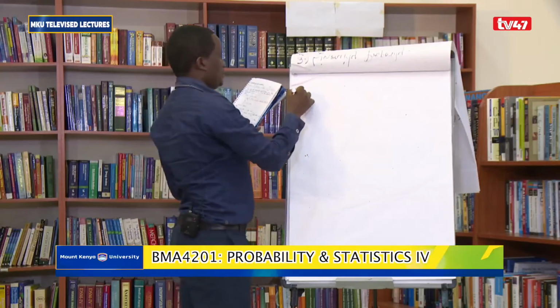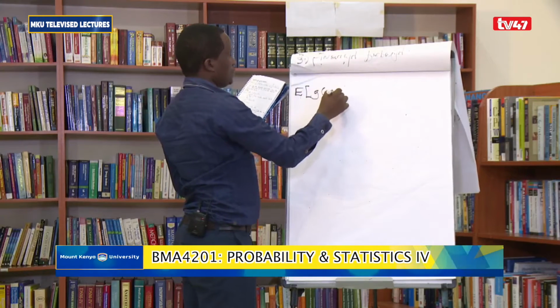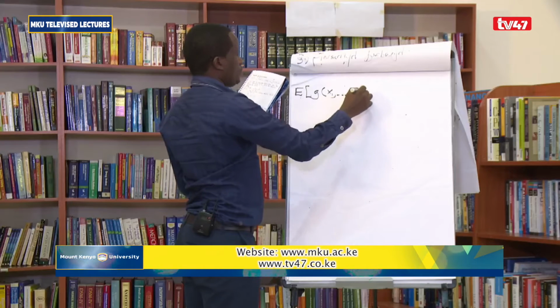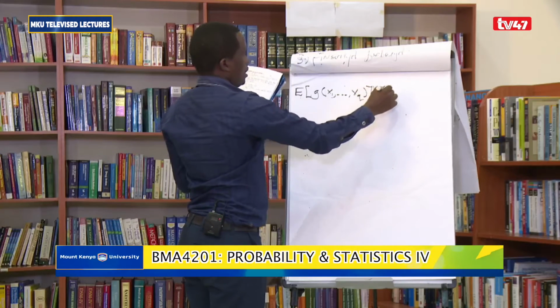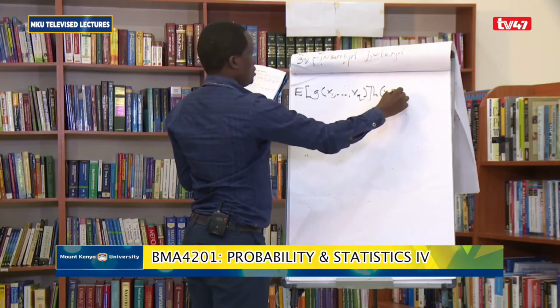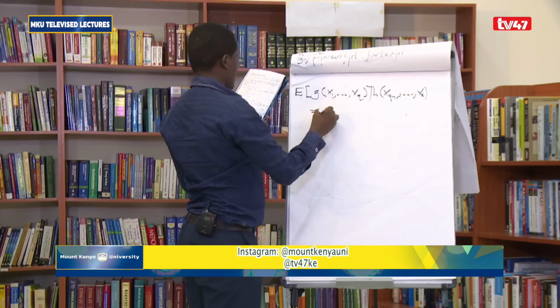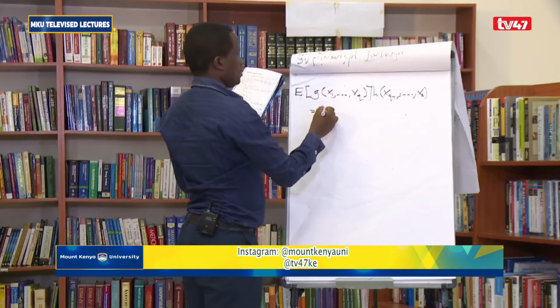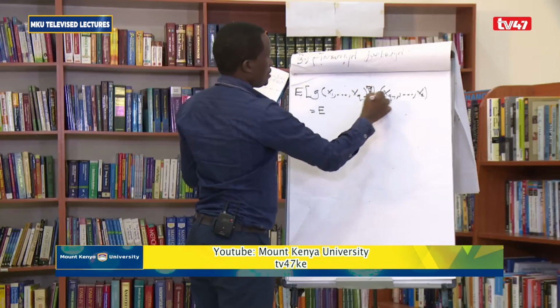expected of g x1 all the way to xq, then h xq plus 1 all the way to xk is the same as expected of this square bracket.